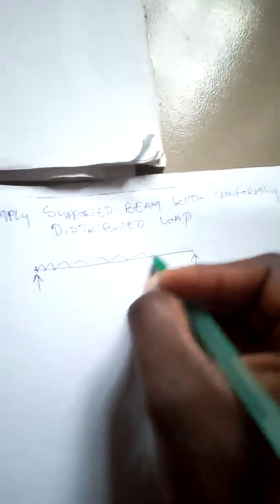Now, we have this diagram this way. You notice I make this a small letter w. The total length here is L. We have a reaction here, and a reaction here. This is point A, this is point B.